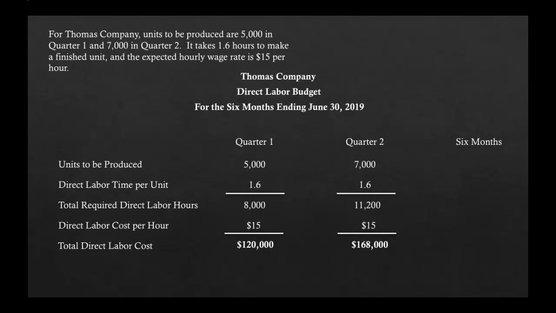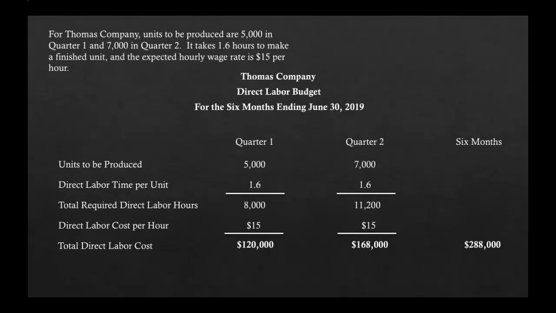So in quarter 1, direct labor, we're expecting it to cost $120,000. In quarter 2, it'll be a little bit more. We think it'll cost $168,000. Now you'll notice we haven't done anything over in the 6-month column quite yet, right? That's only there for this total.